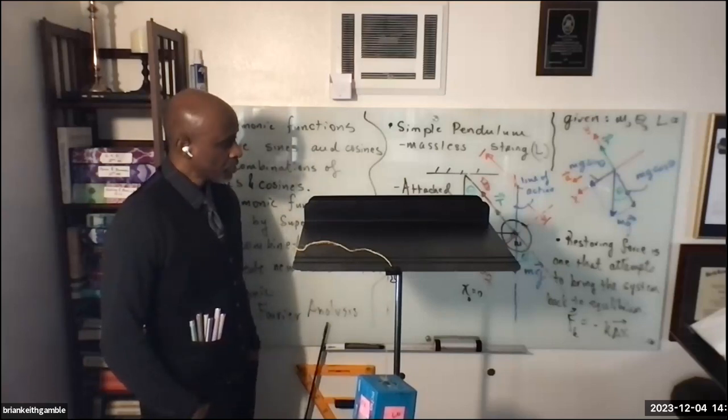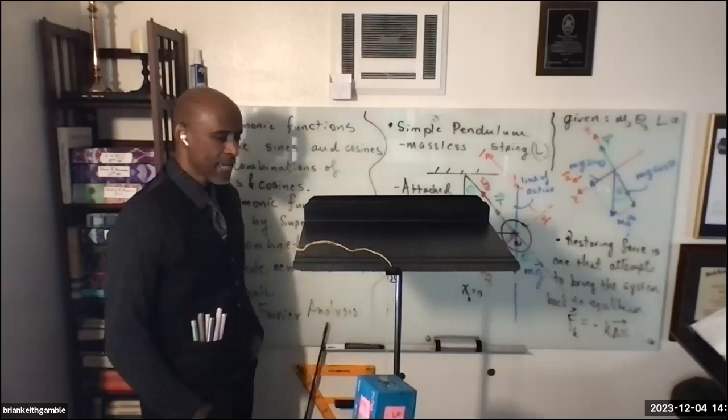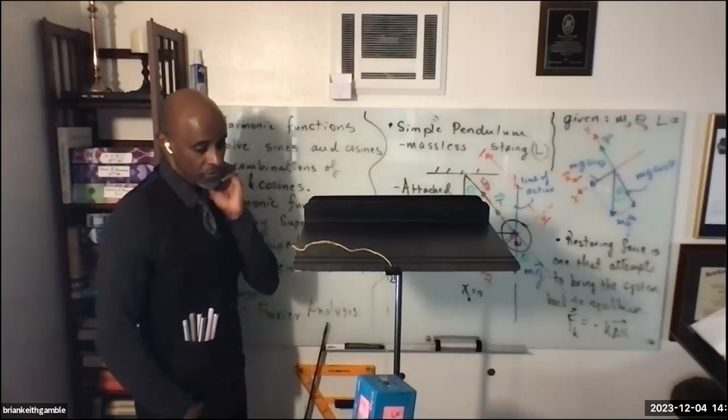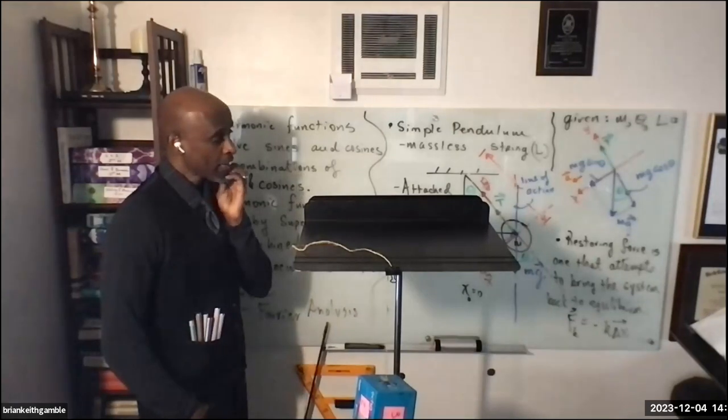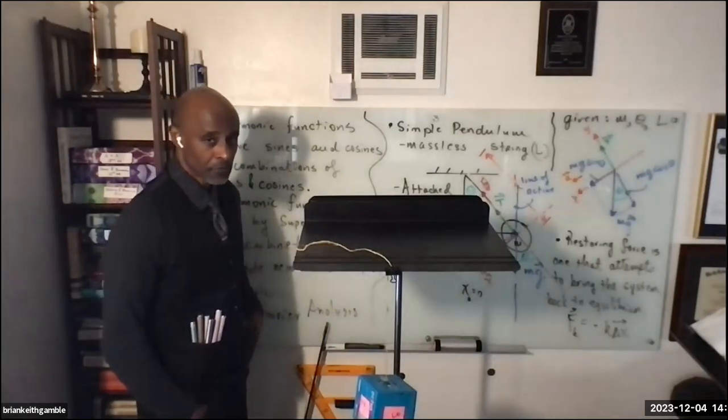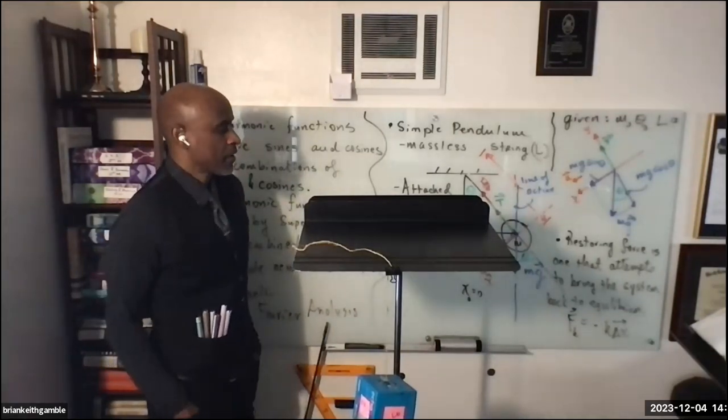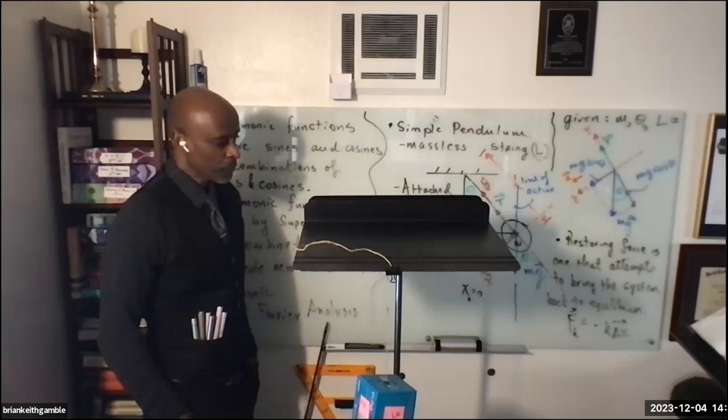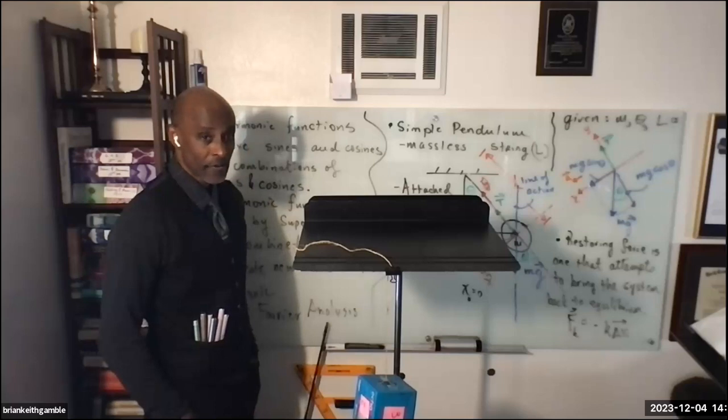Now, at this point, I'm going back to the free body diagram and I'm ready to analyze. I can do it a couple different ways. I can do it in terms of linear motion, or in terms of rotational motion. I'm going to do the latter. In other words, I can apply Newton's law F equals ma, or I can apply Newton's law net torque equals I times alpha.